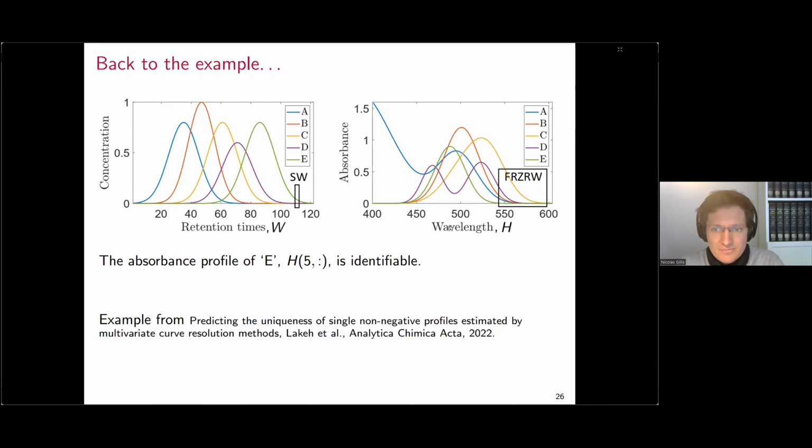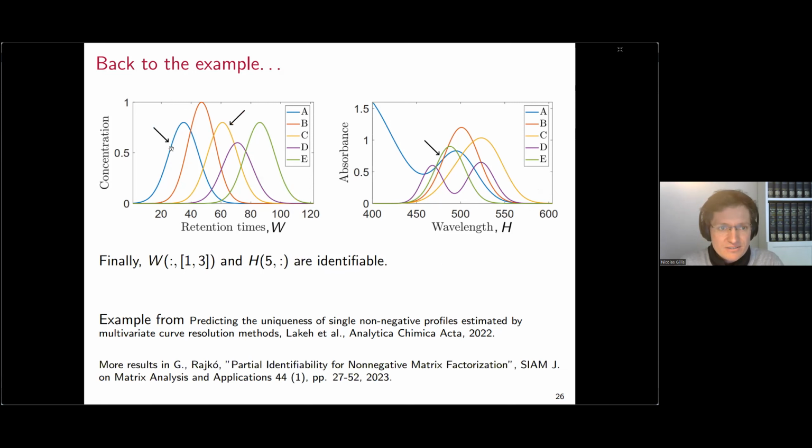At the end of the day, using this simple theorem, you can prove that in any factorization, you will recover these blue and yellow columns of W up to scaling and permutation, and you will get this green row of H. This is the first result in our paper, but we have more. It's a technical result which I will not present here because of time, and just to remain clear. If you want to know more, it's a recent paper that appeared in SIMAX.